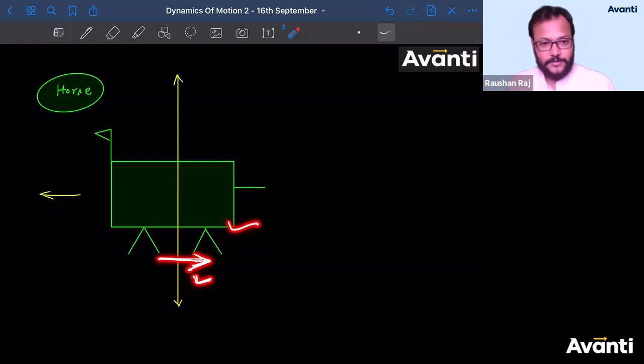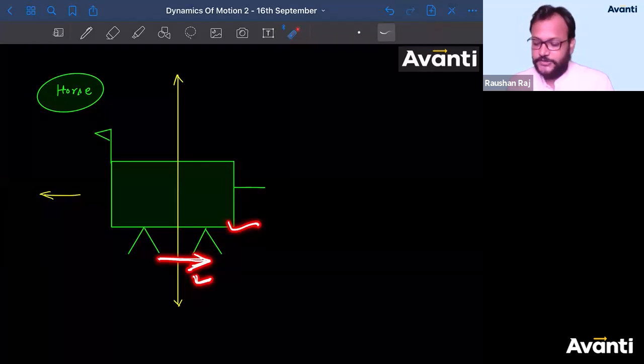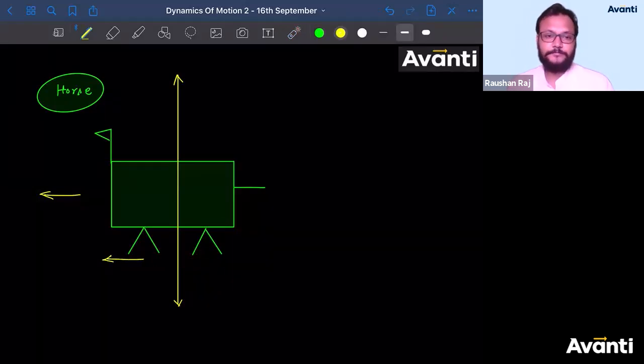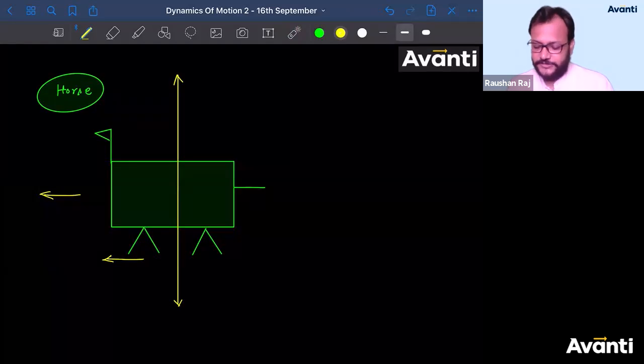But we are not talking about the force on the earth; we are talking about the force on the horse. So when the horse applies a force on the earth, the earth will apply an equal and opposite force on the horse. And actually this will be friction. Friction होता है, ये normal होता है, and this will be mg.